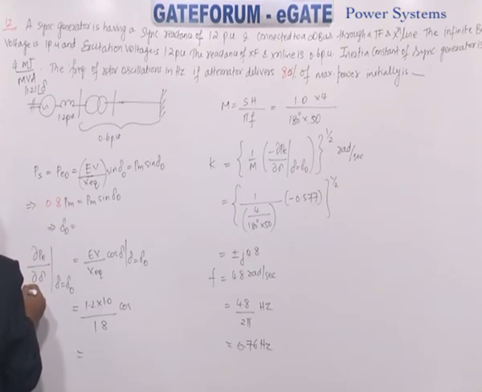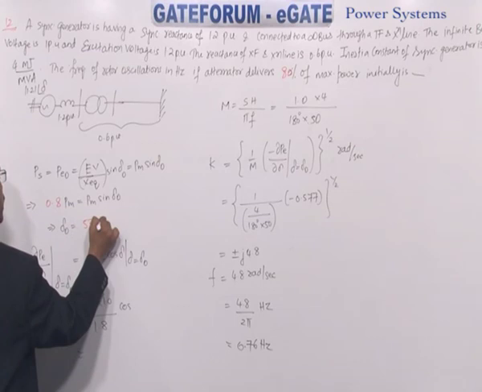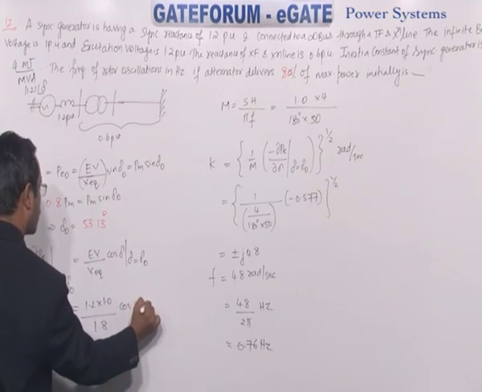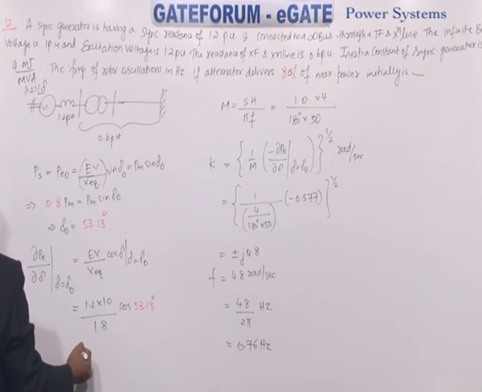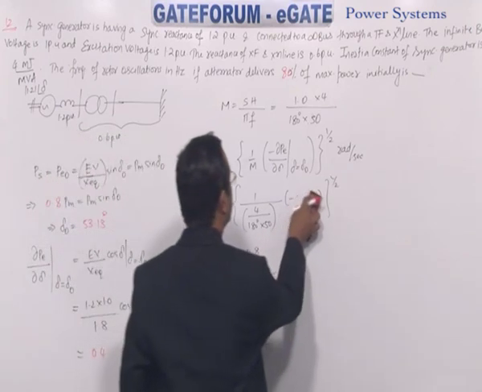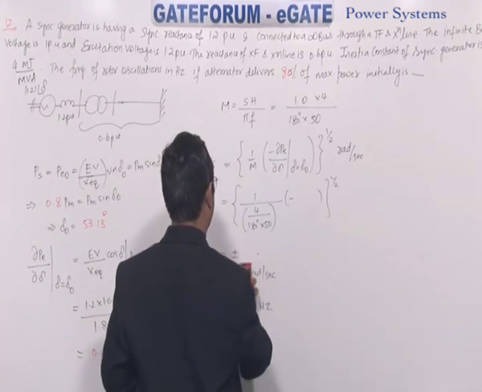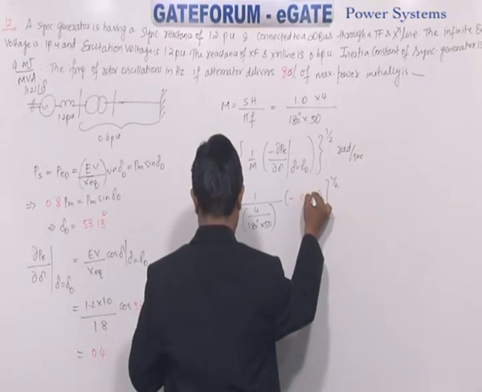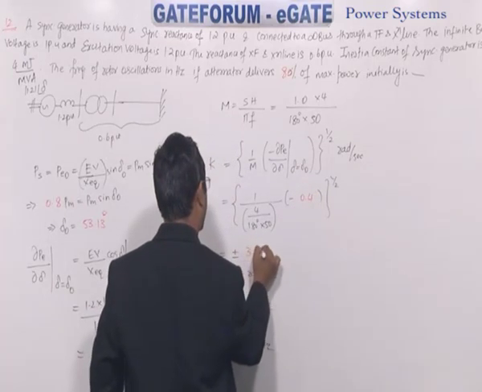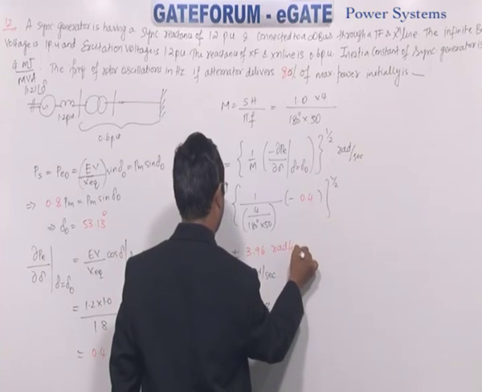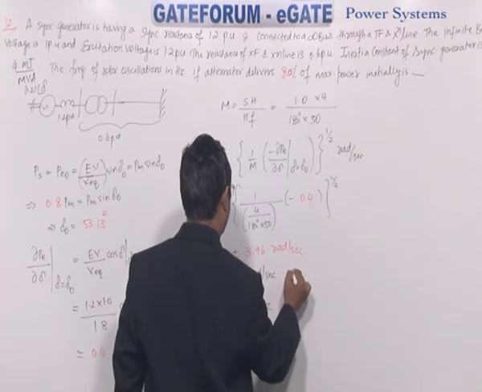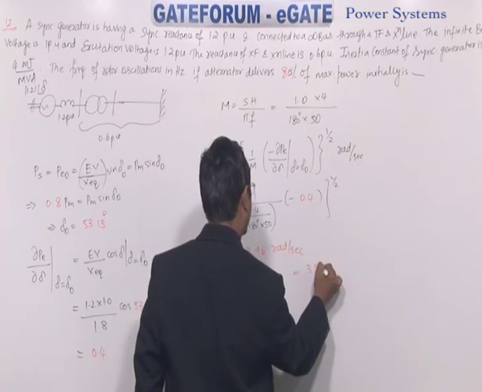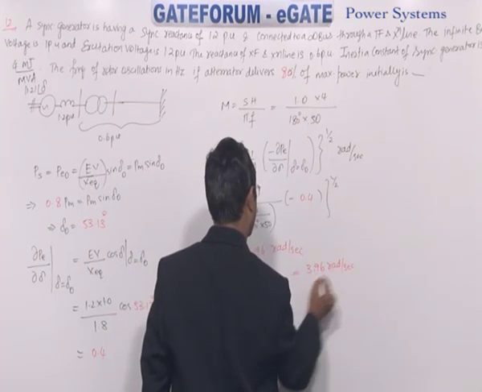So how much is delta naught? 53.13 degrees. What about dou PE by dou delta here? It is 0.4. If you substitute 0.4 here, you get 3.96 radians per second.